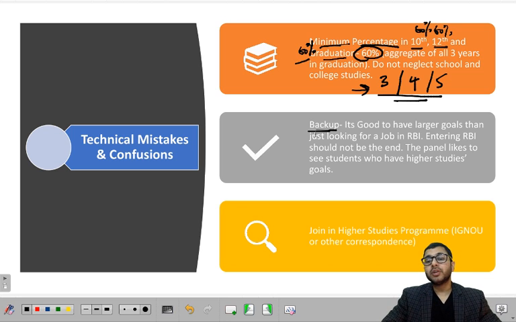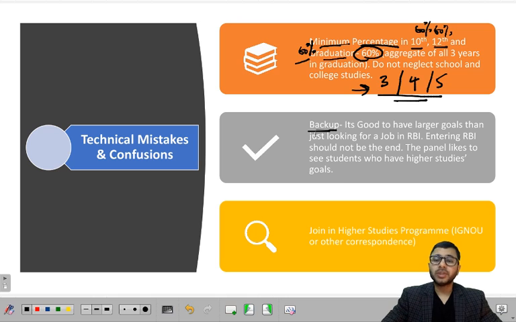Okay, even when you're going for RBI interview, the interview panel wants to see a vision in you. Interview panel wants to see students who have higher goals than just getting onto a government job. The idea of a government job is not what any experienced person, any well-read person would like to hear or would like to see in you.